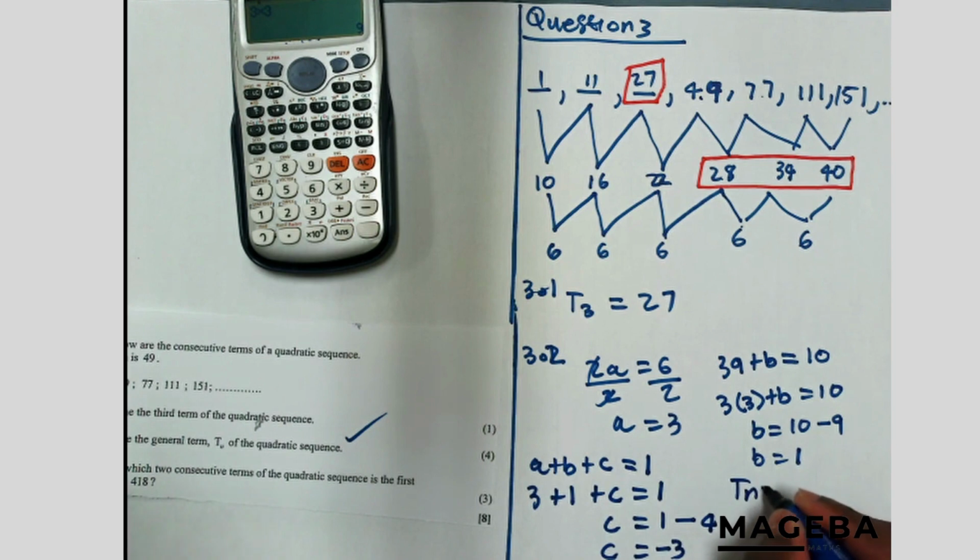Then Tn equals an squared plus bn plus c, so it's 3n squared plus n minus 3. I hope everyone understands.